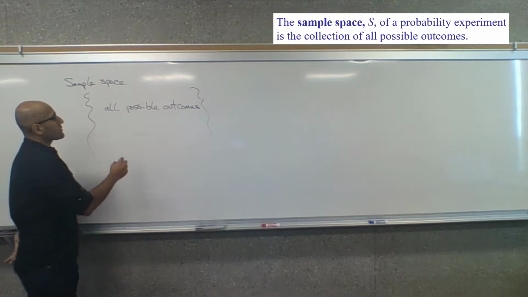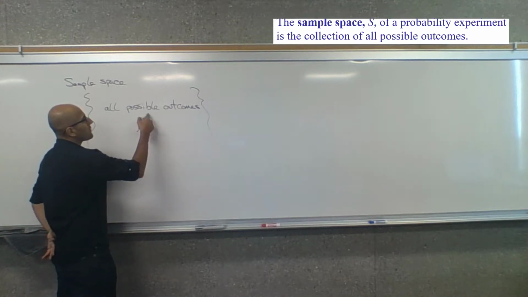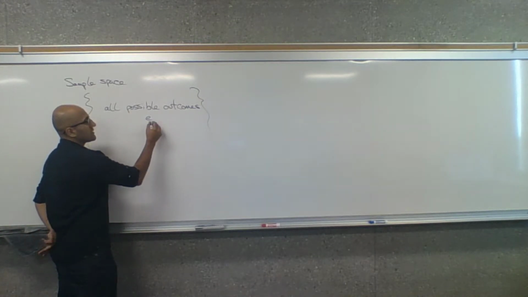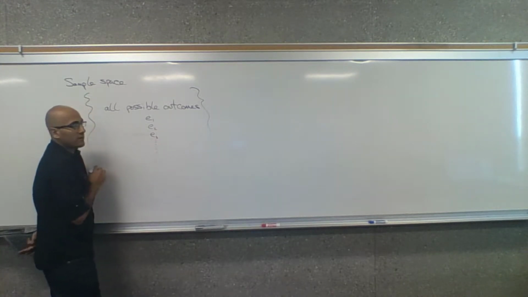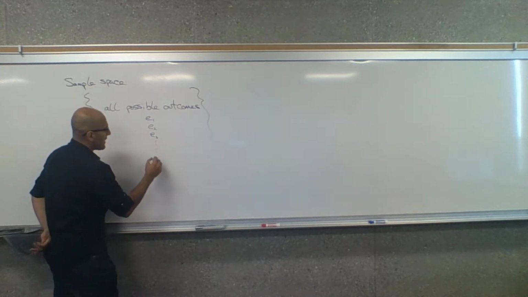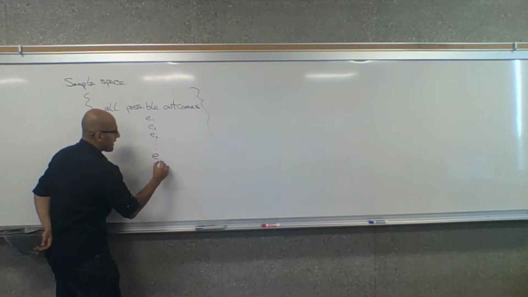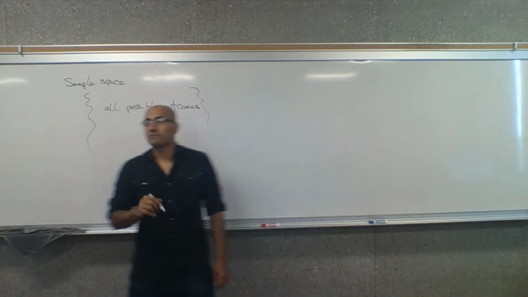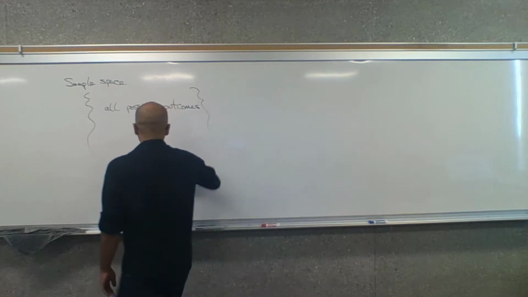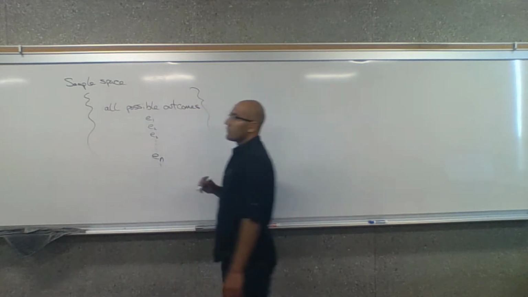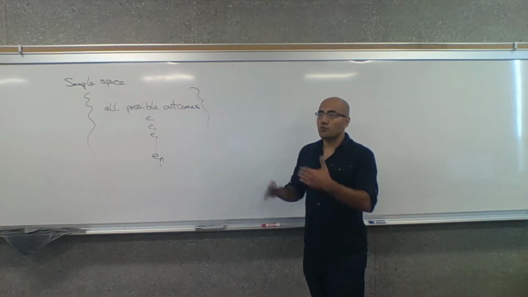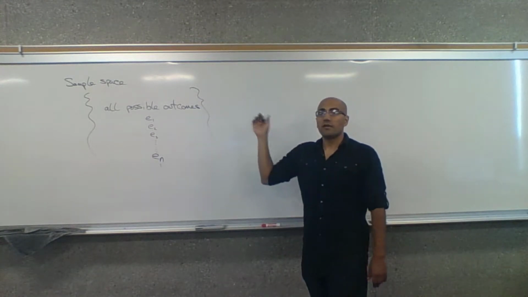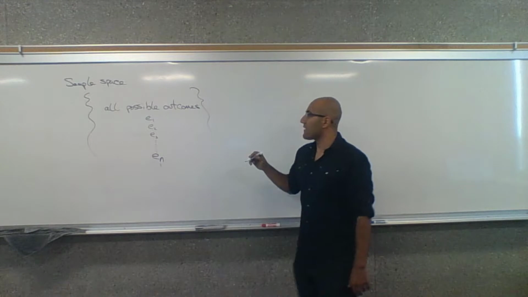As far as notation goes, we often refer to these little things as little e's: E sub 1, E sub 2, E sub 3, and so on. Our sample space is often referred to as having n things in it, so maybe out to E sub n. Those are our possible outcomes, and from those we think about subcollections of those, which are events.